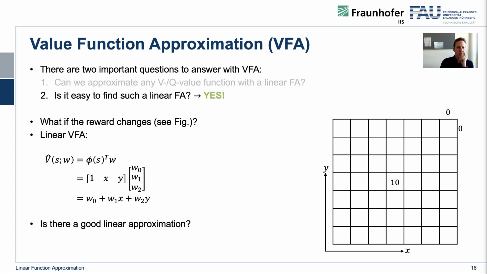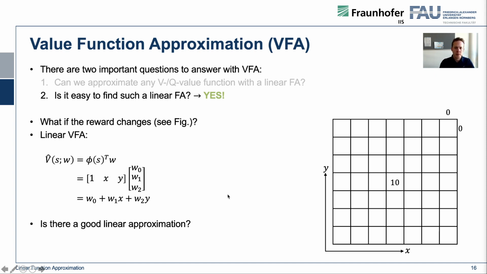However, what if the reward changes? Look, in the previous example, we had the 10 reward in here. Now we move the 10 reward towards this cell. The question is now: through a parameter vector W with 3 elements and these 3 features, can we come up with a good approximation of the value function?